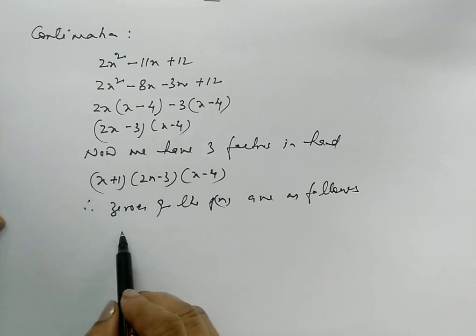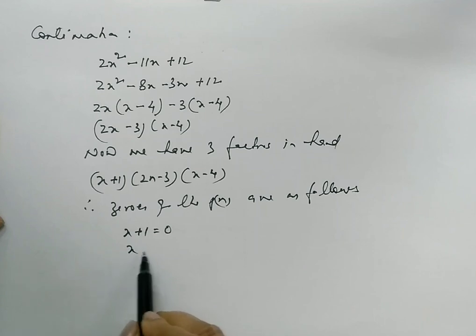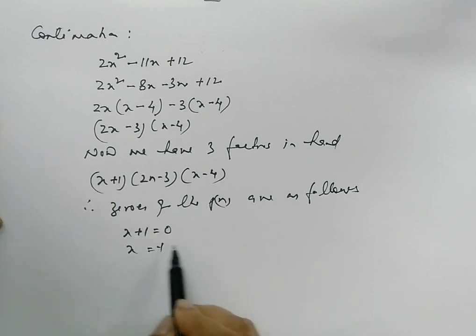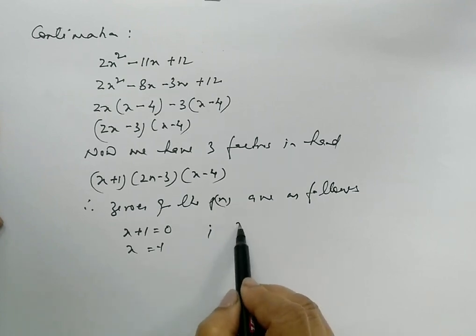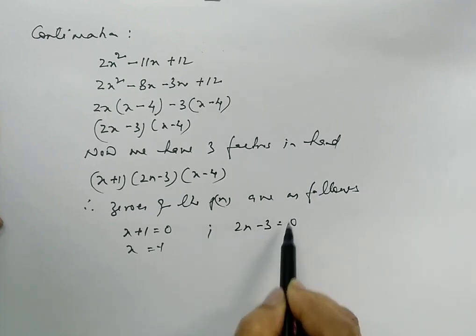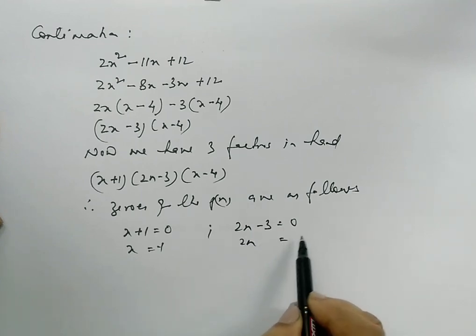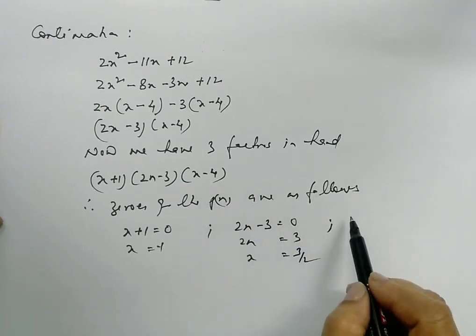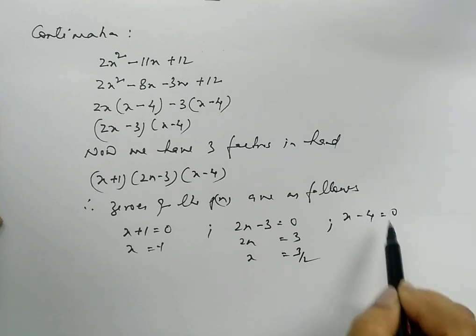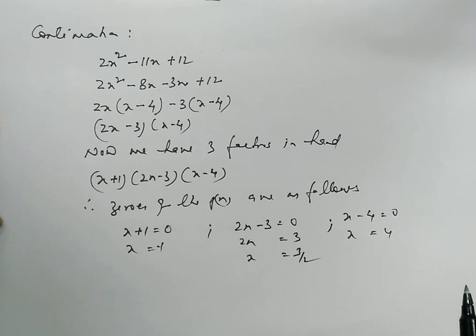From here, we say that if this were to be 0, we know that x is equal to minus 1. All right. In the second case, 2x minus 3 were to be 0, then we have 2x equals 3 and x is equal to 3 by 2. Third one, x minus 4 equal to 0, so x is equal to 4.